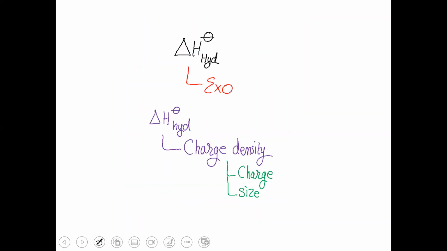So our next concept is that enthalpy change of hydration depends upon charge and depends upon size.